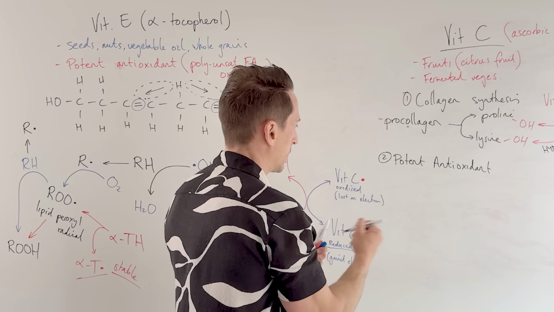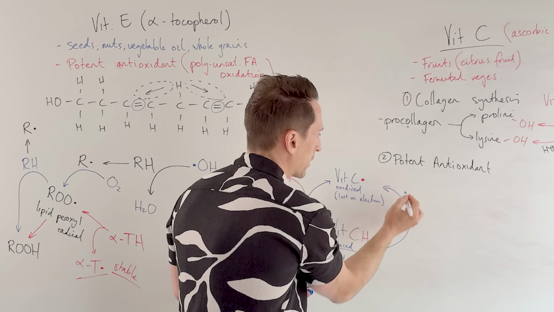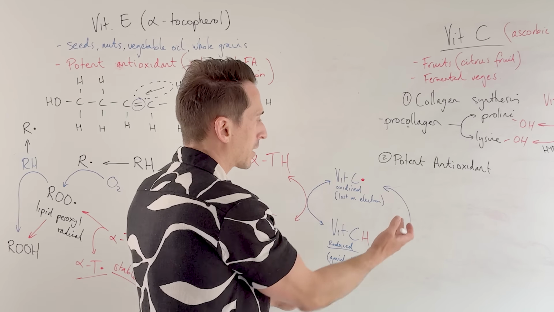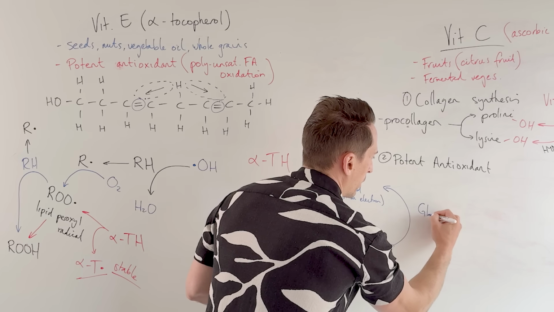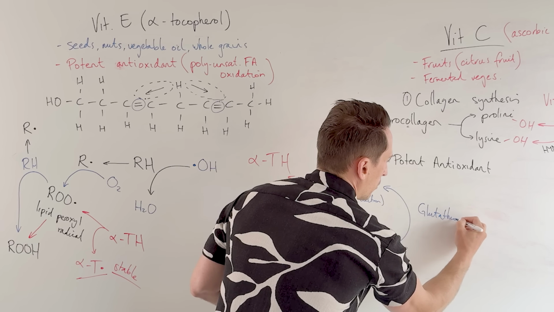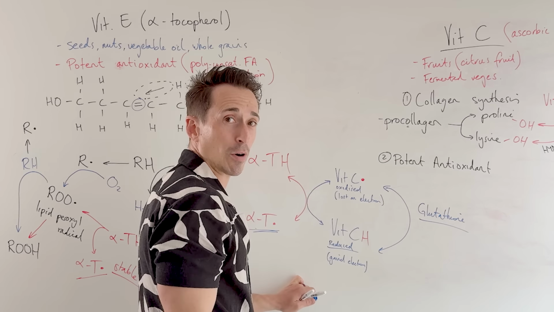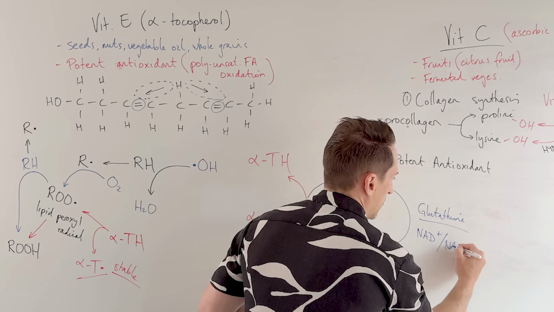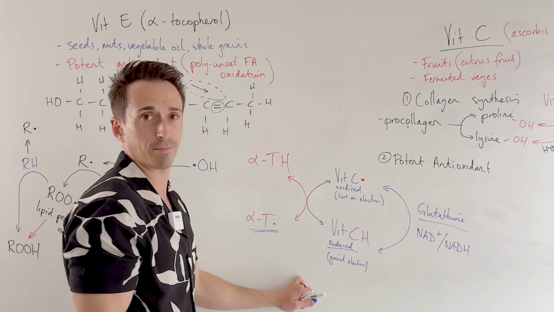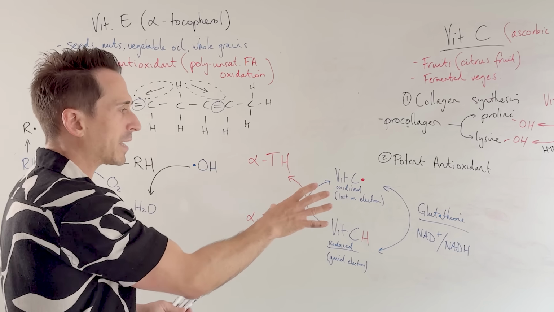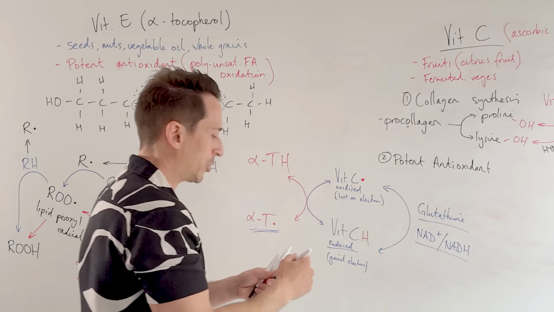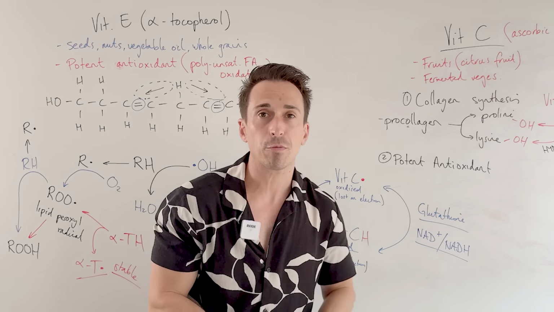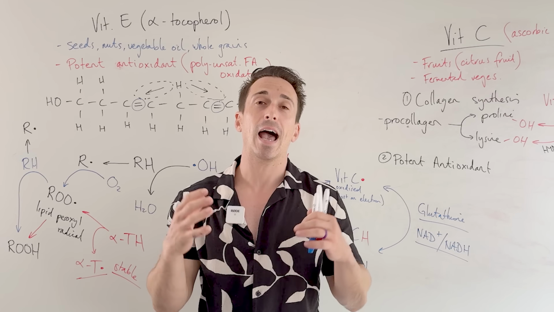This process can become whole again through the use of glutathione, so glutathione can actually donate. I'm not going to do the whole thing, but glutathione is important in this process, and NAD plus / NADH is important, okay? They can also help this process of regenerating vitamin C back again. All right, so that's a quick run through of all the vitamins of the body and their functions.